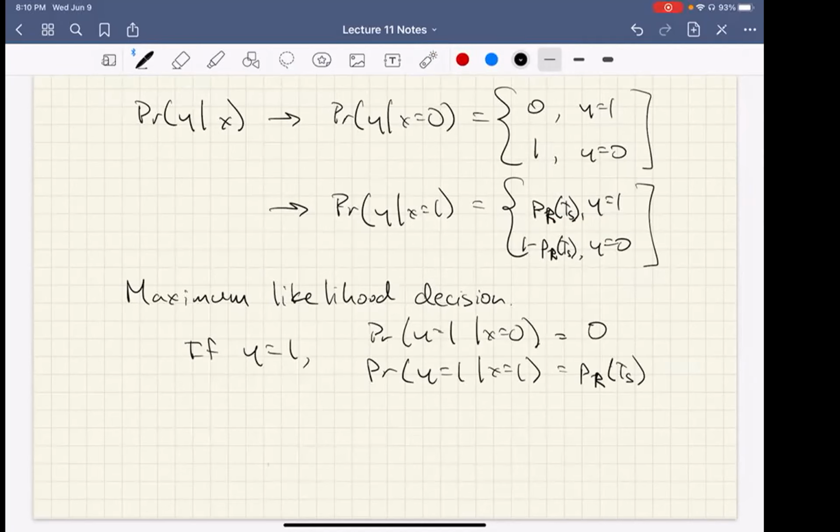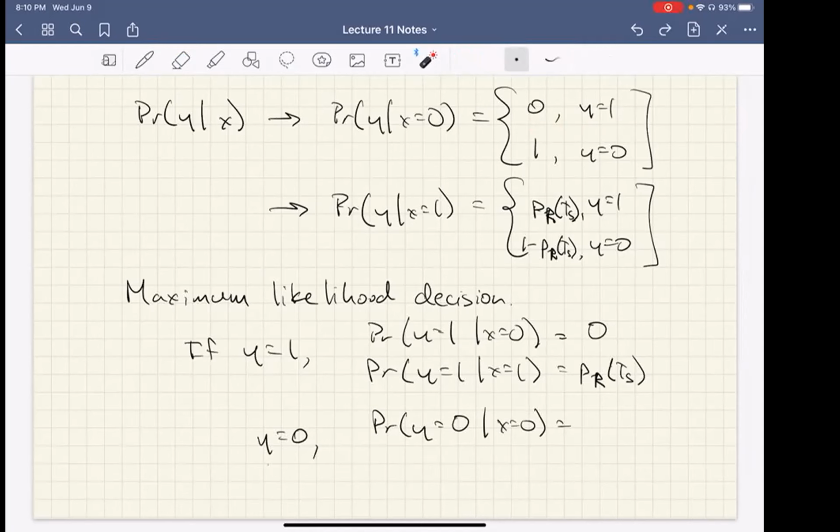If y equals 0, the probability that y equals 0 given x equals 0 is 1.